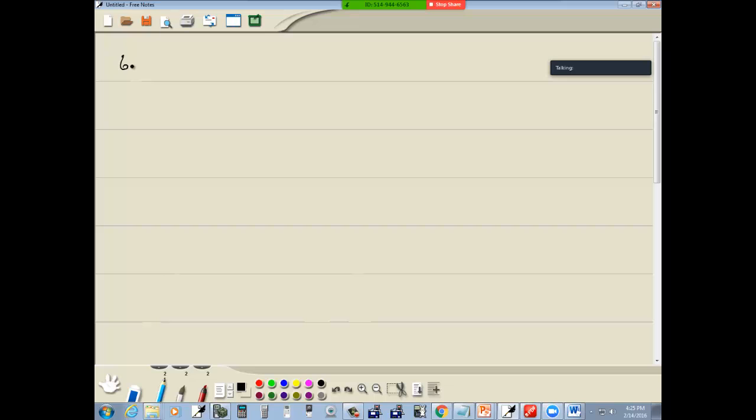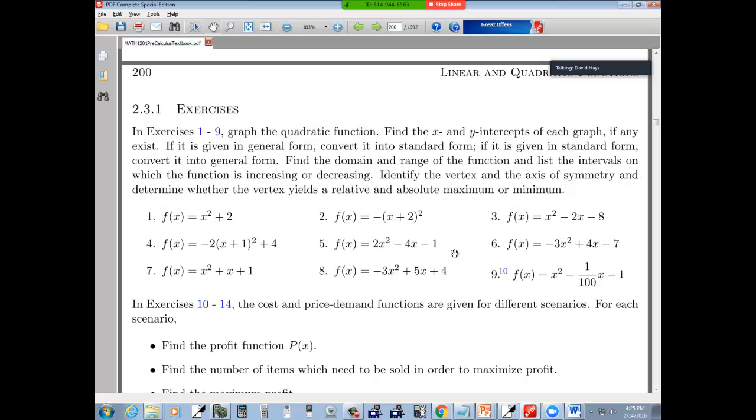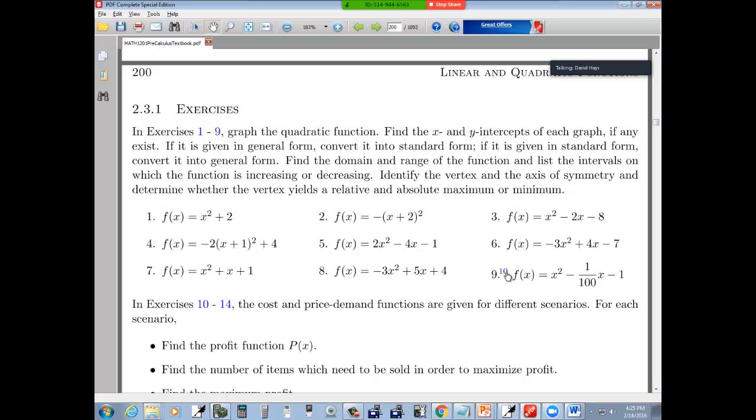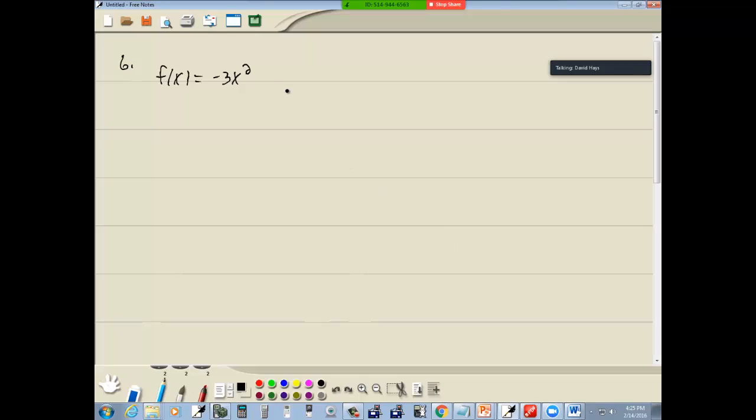Okay, so let's see, number 6. I'm glad I revised that because this one doesn't have a GCF. -3x squared plus 4x minus 7.